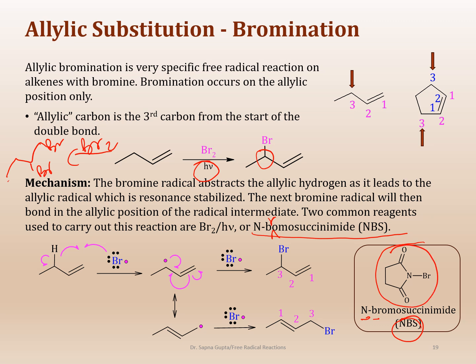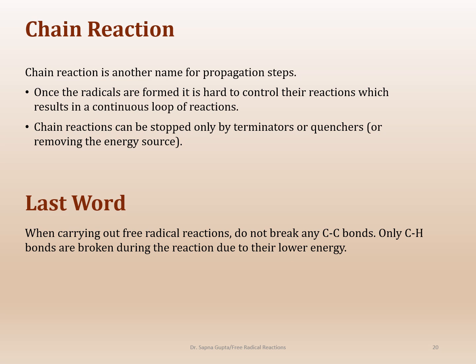This reagent you can also use, and by the way, when you write NBS, you don't have to write h nu, because it's understood that you're using a free radical mechanism, because that's the only way this reagent works. So either of those two is going to work just fine in order for us to do allylic substitutions.